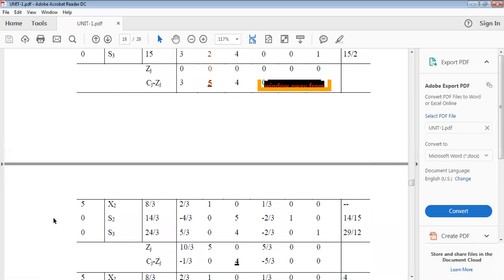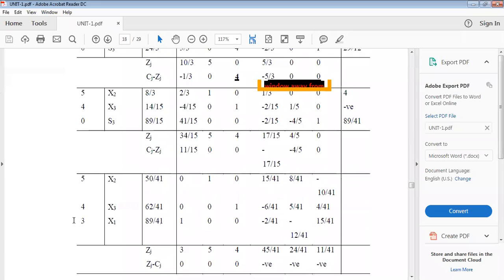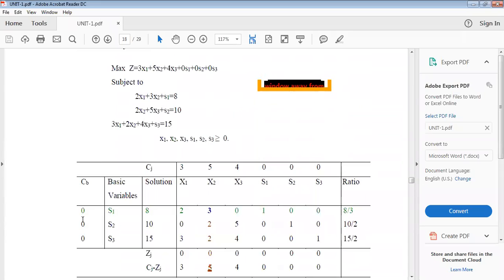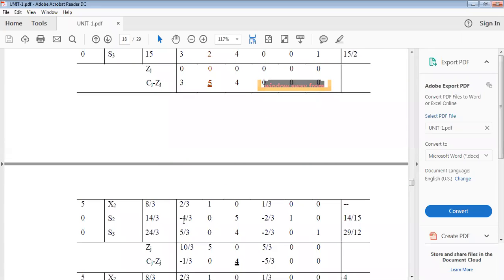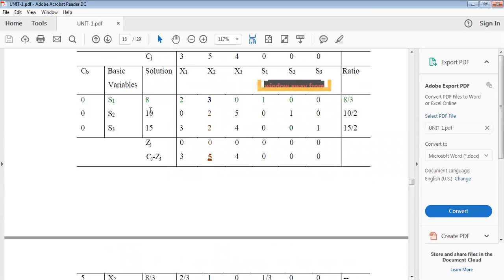Unless the blackboard is there, it's very difficult to calculate. So you can note down new R2 is equal to old R2. Old R2 means previously this is old R2.